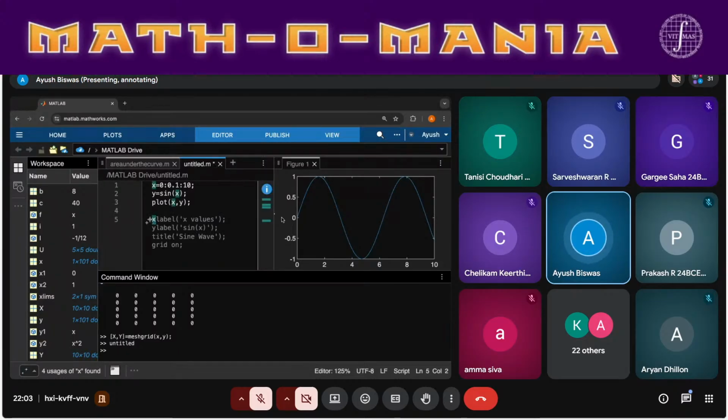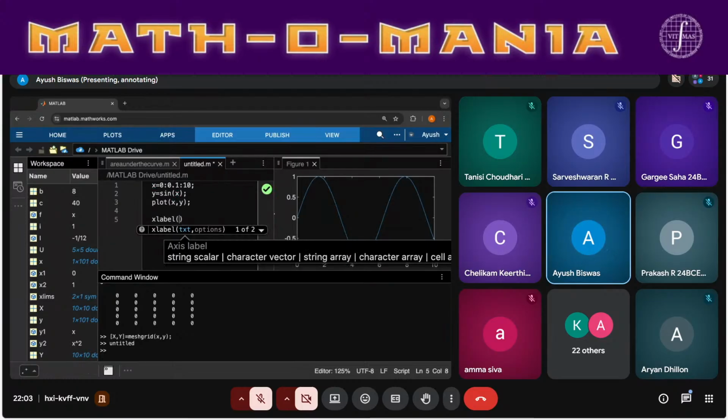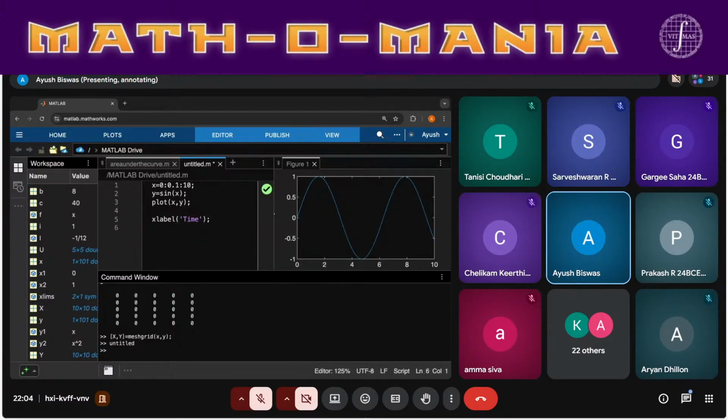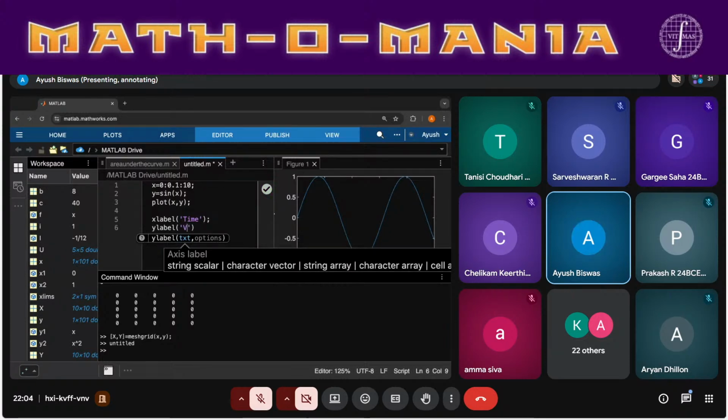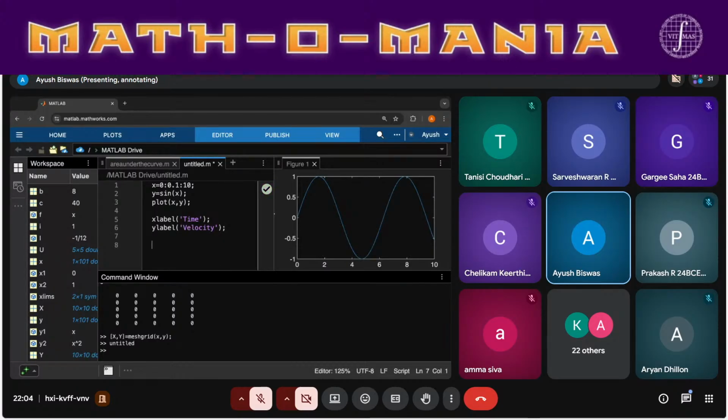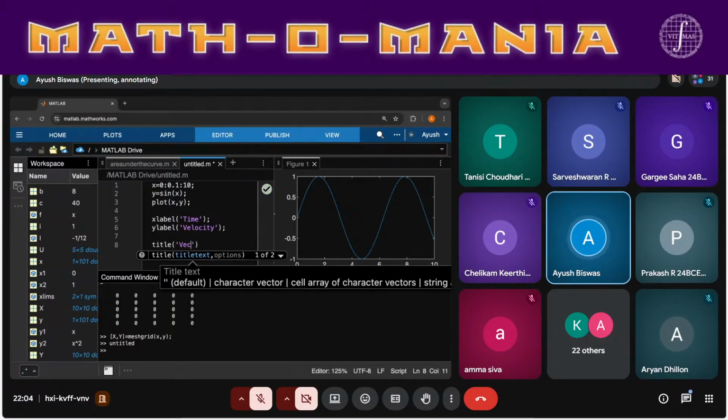To label the x-axis, we basically just do xlabel, the label we want to give it under quotes, ylabel. The x and y labels are done, and then we can give a title to the graph. Let's say we call it velocity versus time.